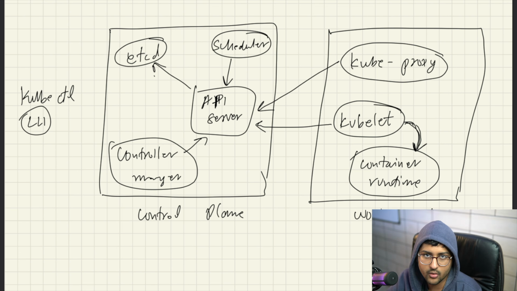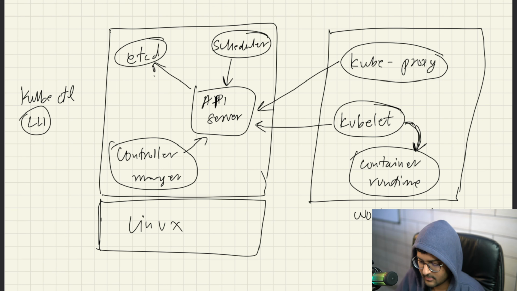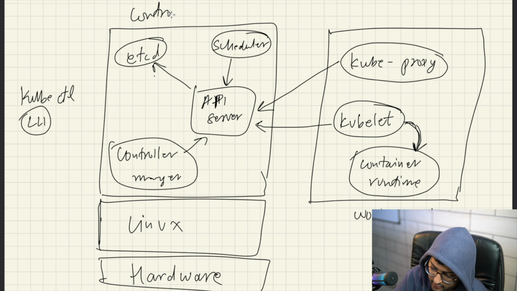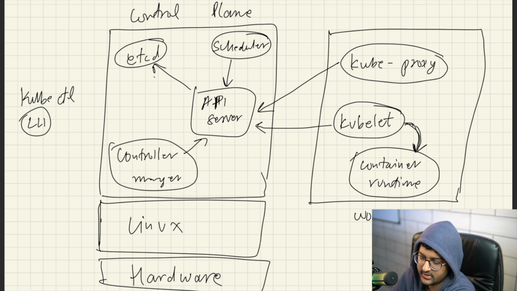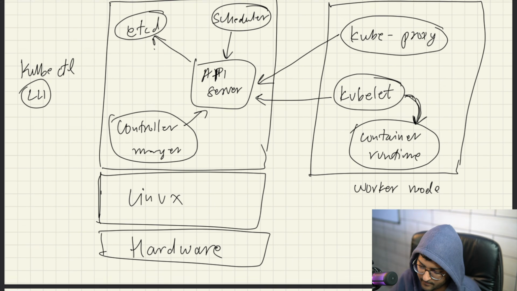Container runtime, you already know what it is, but these two things we don't know. So let's see. And this is running on top of some Linux. This is also running on top of Linux. Okay, this is your hardware. Same thing for the control plane. These can be different computers as well, different servers. Obviously, not can be, it probably is.